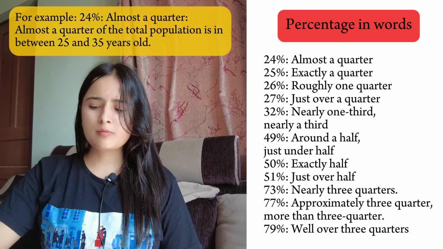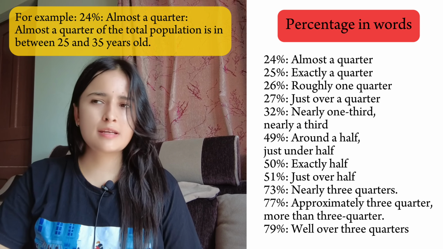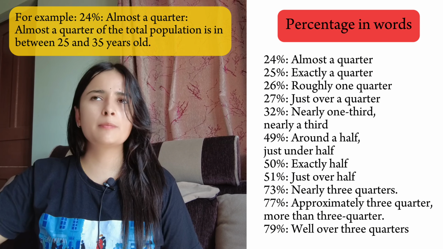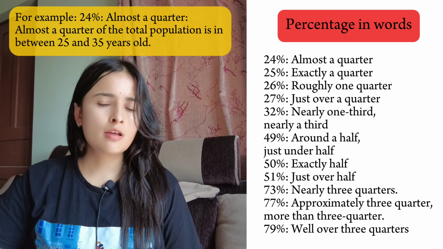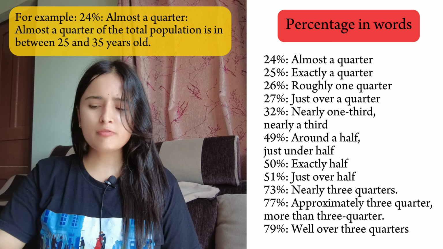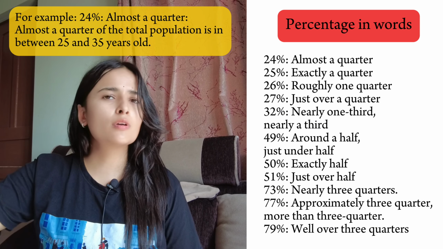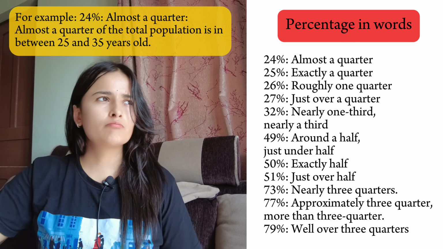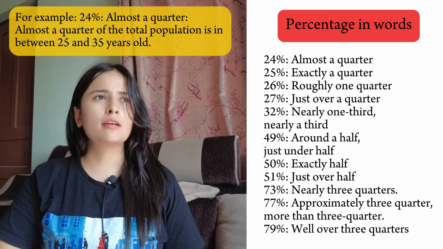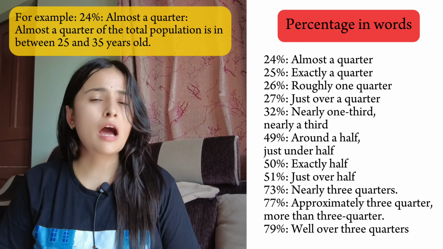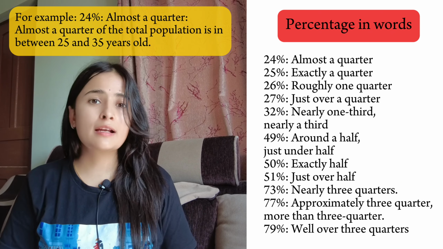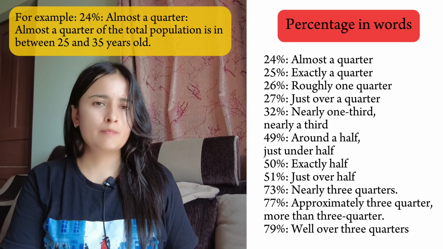So if it's 25%, then exactly a quarter of the people are teaching for their living. And if 1043 people are living in Kathmandu, then you can say just over 1,000 people are currently living in Kathmandu, right?